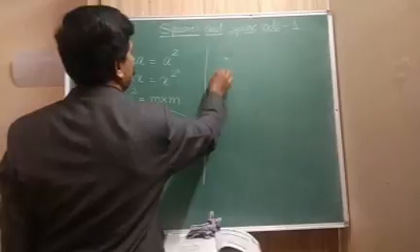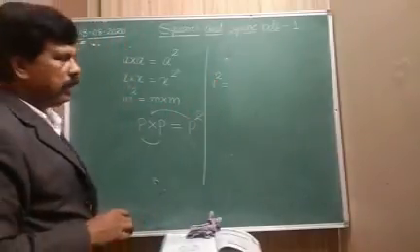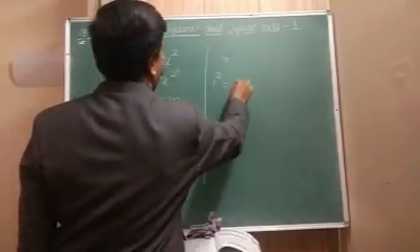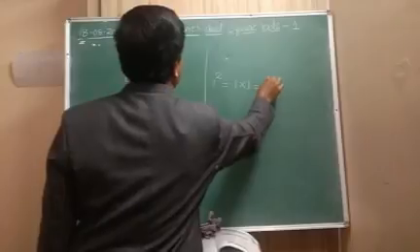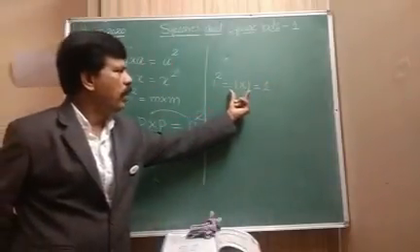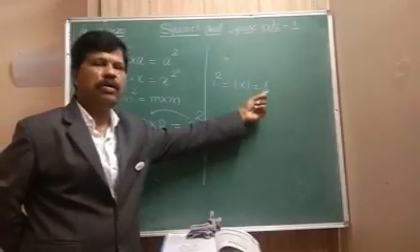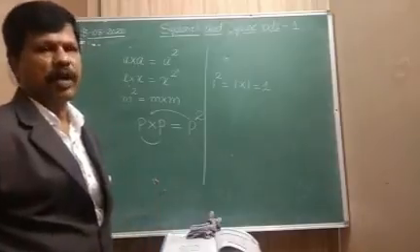Then look at this, 1 squared. What is the meaning of 1 squared? It is nothing but 1 multiplied by itself 2 times. So the product is 1. See here, 1 into 1 is equal to 1. This 1 is called the product.